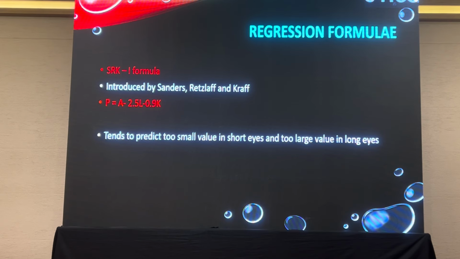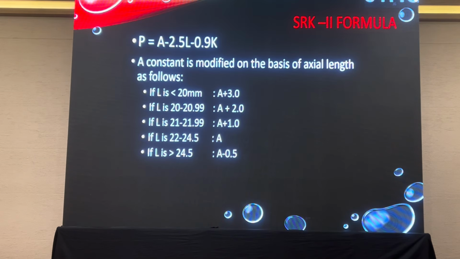So basically this is the measurement. The power is A constant minus 2.5 times the axial length and 0.9 times K. As we know, every millimeter of axial length can give you 2.5 diopter error, and every diopter of keratometry can give you 0.9. So this is okay.